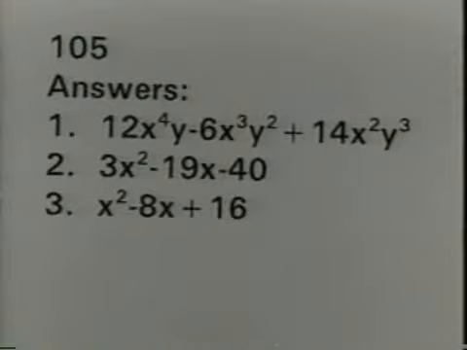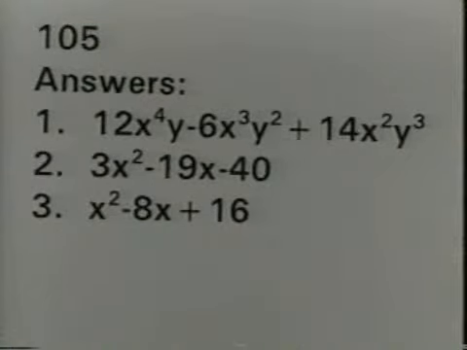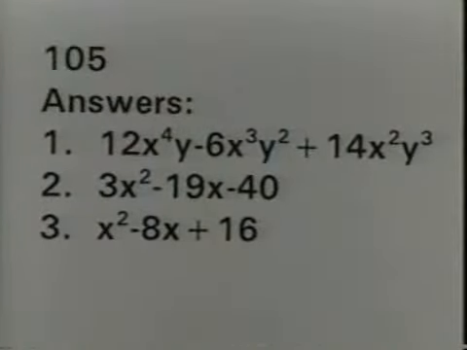The second one, 3x squared minus 19x minus 40. The third one, x squared minus 8x plus 16. If you disagree with any of these answers, be sure to check with someone in the math science lab.